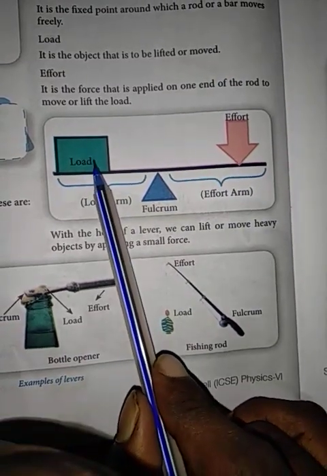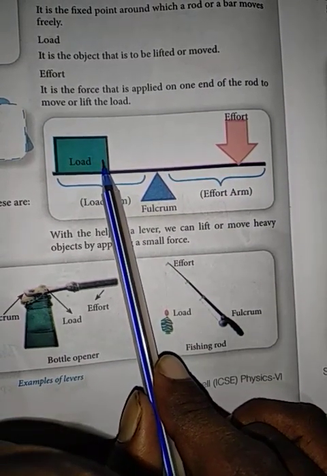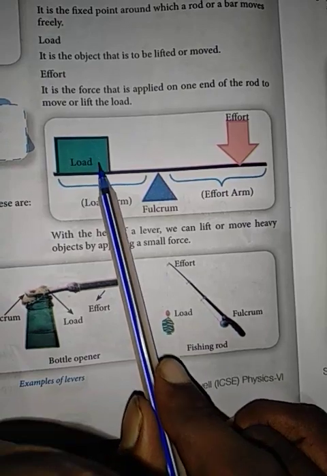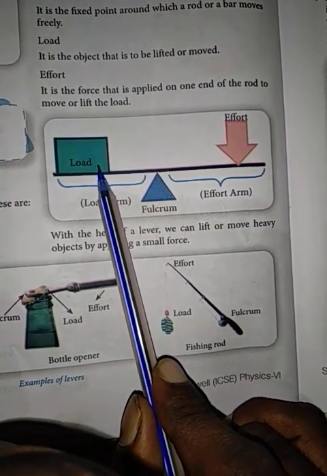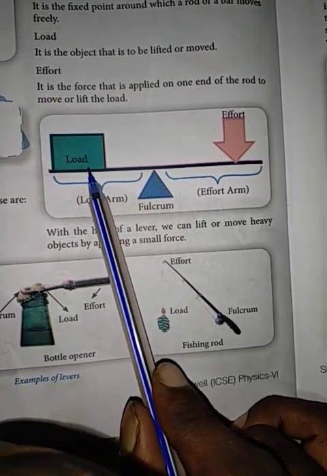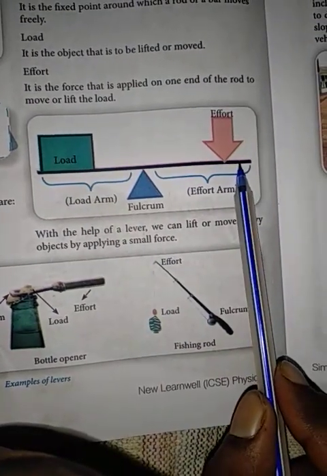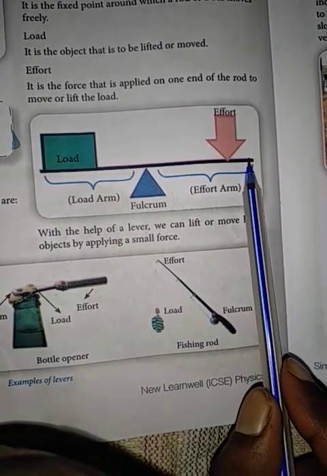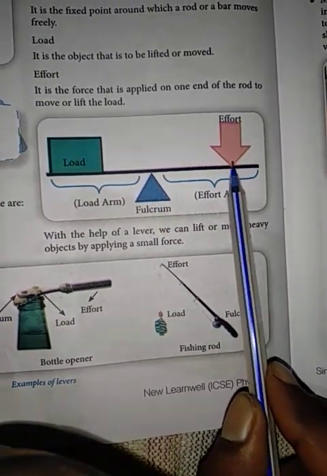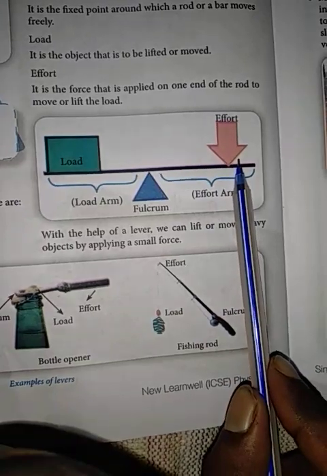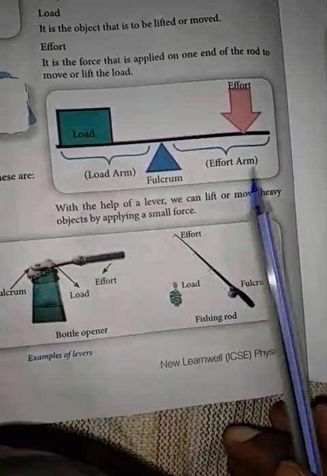And this is another object placed on the lever, the object to be lifted by the lever, so it is called the load. It is placed at one end. On the other end of the lever, we apply force. That applied force is called effort.